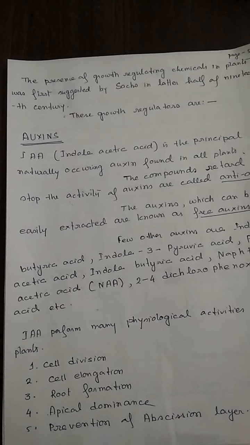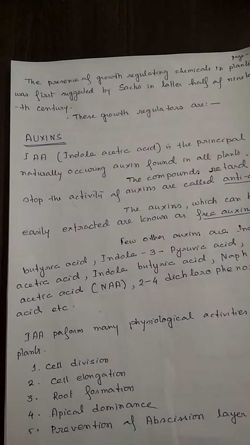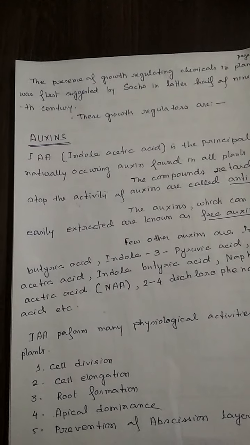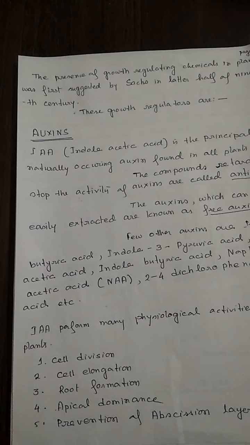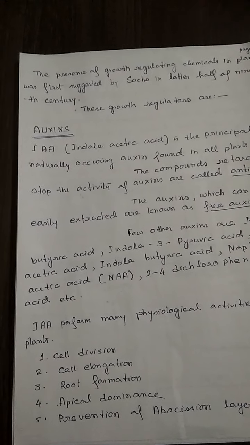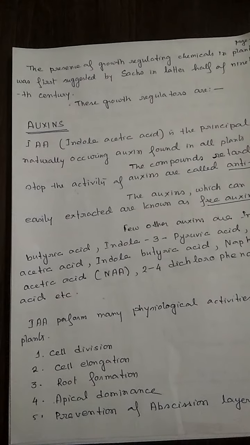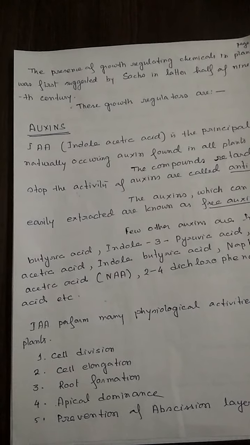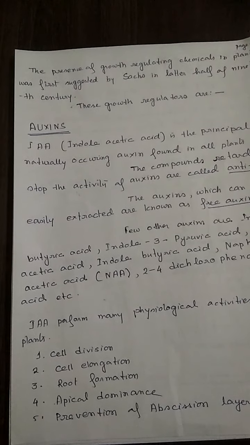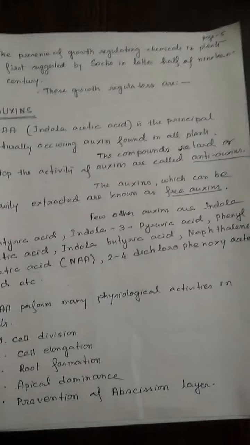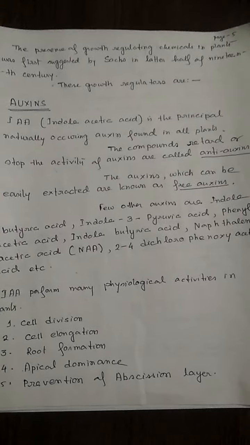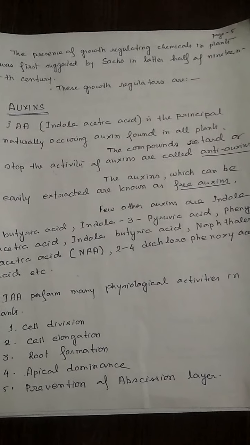The plant hormones act as messenger substances for growth regulation, and these hormones are organic substances which are required in small quantities at a low concentration, and their sites of action and synthesis are usually different. So today I will discuss these growth regulating substances.